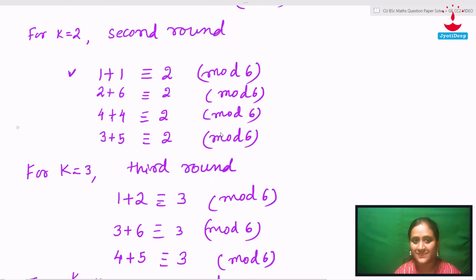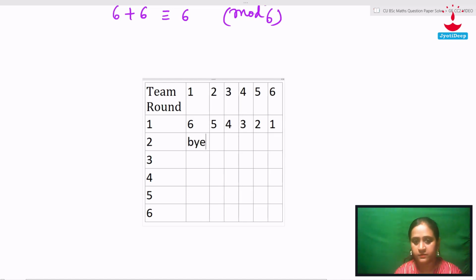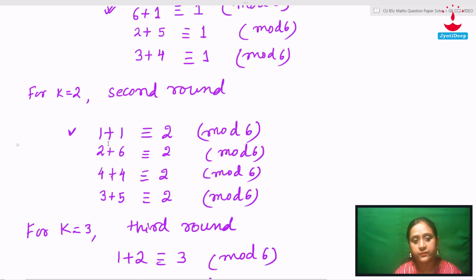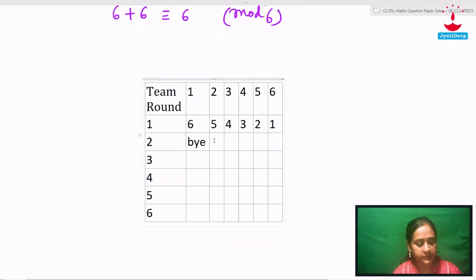For the second round, first team, bye. For the second round, first team cannot play with first team, so I will give a bye. Second and sixth. So second team is playing with sixth team, and sixth team will play with second team.